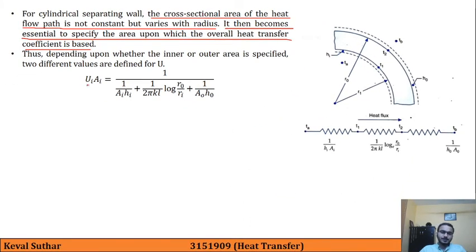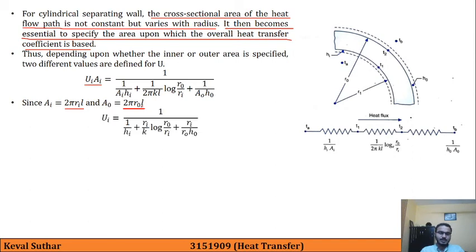So again, UI AI is equal to 1 upon the summation of these thermal resistances. Since AI is equal to 2 pi RIL and AO is equal to 2 pi ROL, when we put these values here, our equation will get reduced in this way.